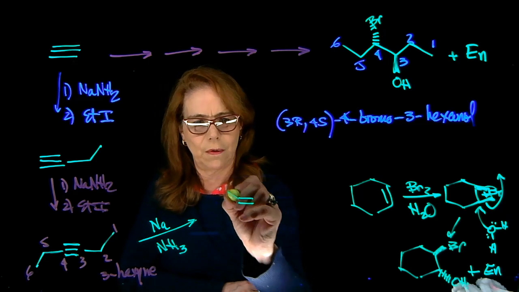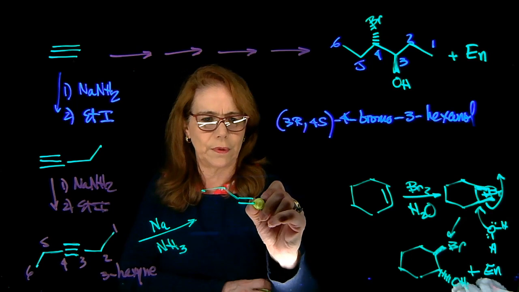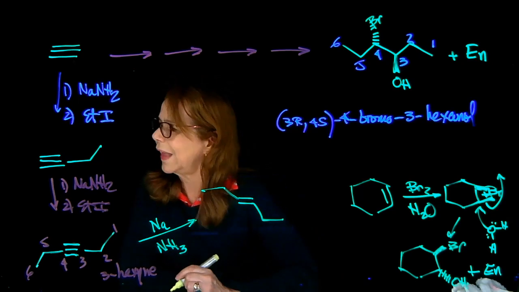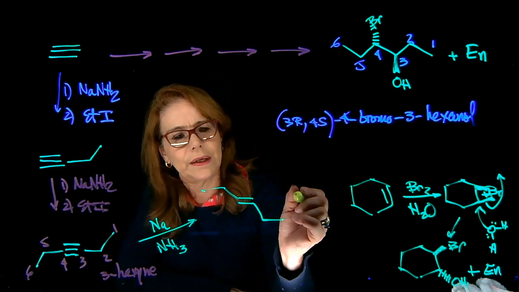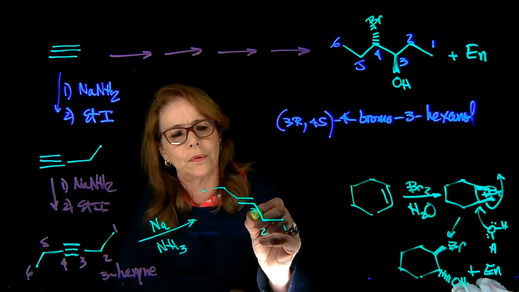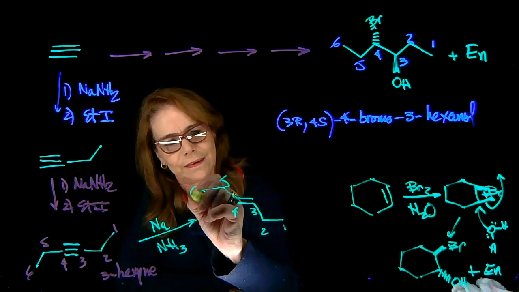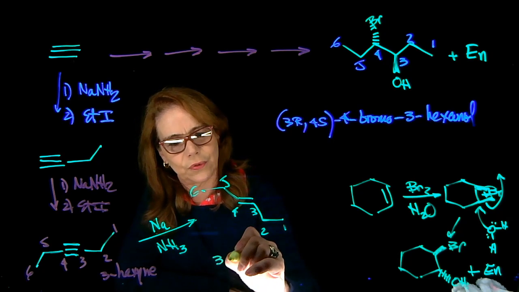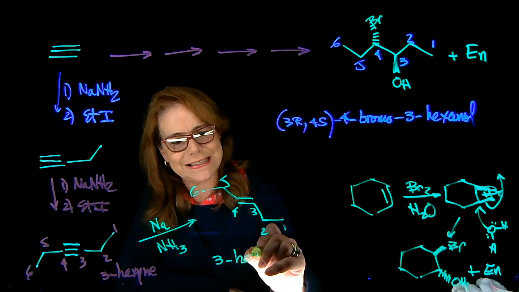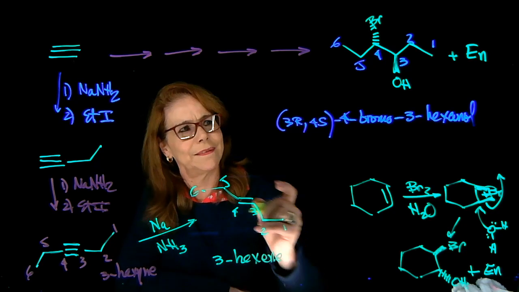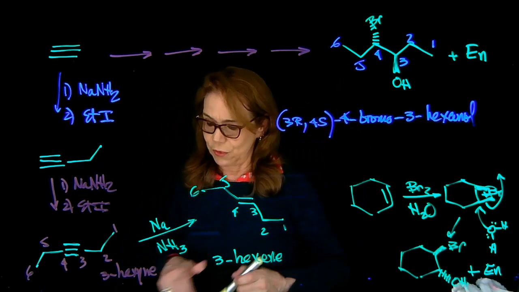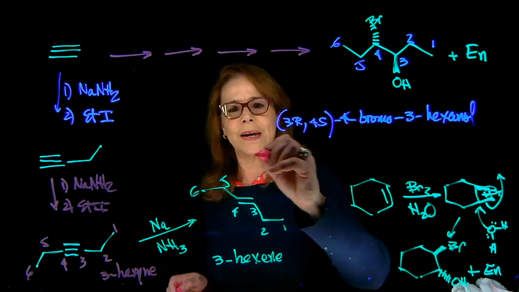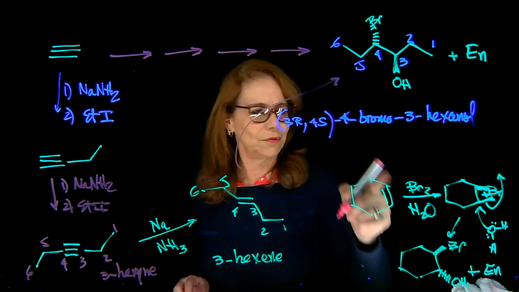So here we have 1, 2, 3, 4, and 3, 4. So that is the alkene that you will have. And again, 1, 2, 3, 4, 5, 6. So here you have 3-hexene. And then to go and form the final product, what I need to use is what I have here.